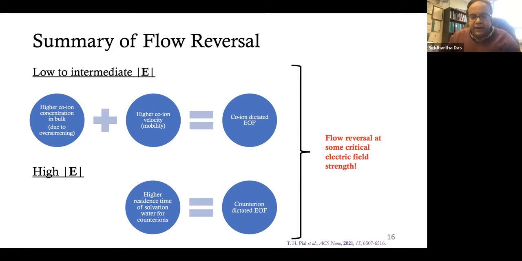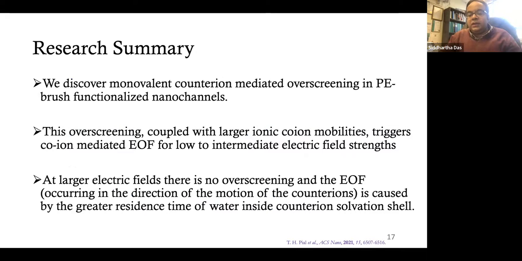So we have identified these key things. From low to intermediate field, we have the overscreening and hence a co-ion dictated electroosmotic flow. On the other hand, for high electric field, we have higher residence times of water molecules, and that phenomenon dominates. So a counter ion dictated electroosmotic flow.